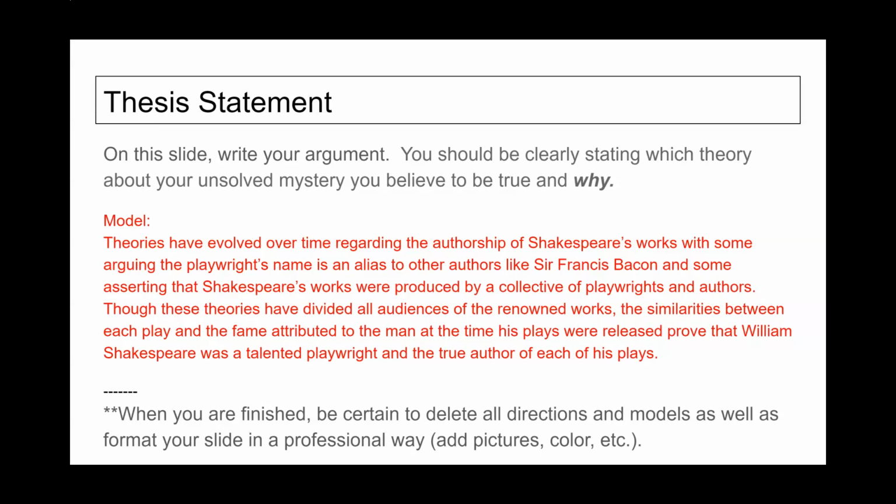Though these theories have divided all audiences of the renowned works, the similarities between each play and the fame attributed to the man at the time his plays were released prove that William Shakespeare was a talented playwright and the true author of each of his plays. Okay, so you explain which one is the most probable, and then you explain why.